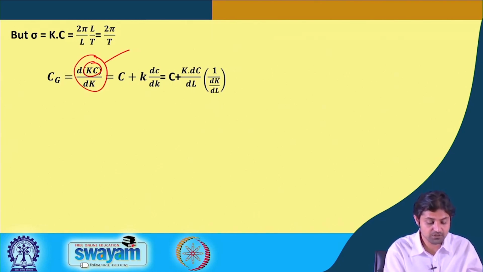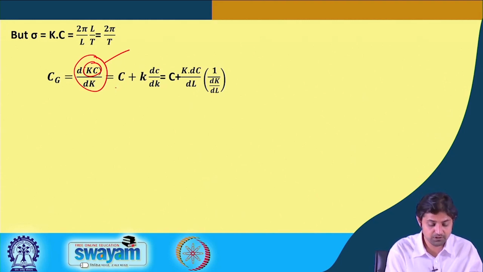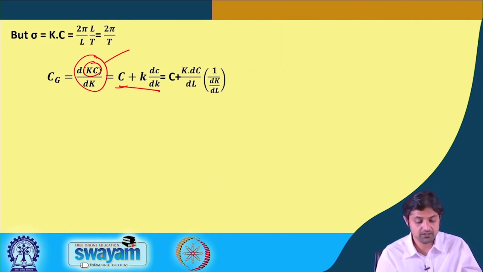If we differentiate this, the differentiation of a b is a db by dt plus b da by dt. So, we have used this chain rule, and we have obtained c plus k dc by dk.